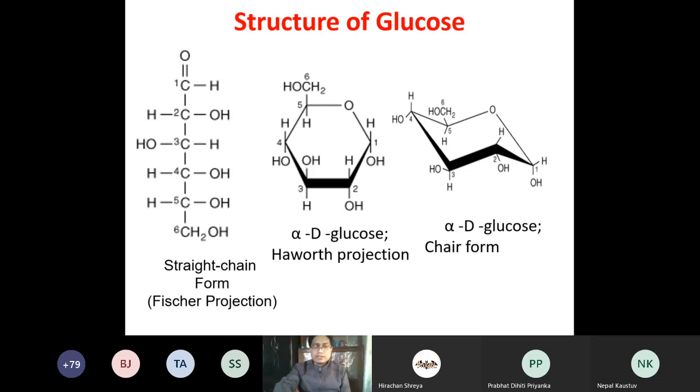As we have seen, in solution less than 1% of glucose remains in the straight line form, like the Fischer projection. More than 99% remains in the cyclic structure, and in this cyclic structure also, the most stable is the chair form. Okay.